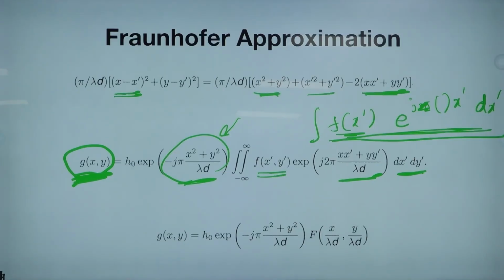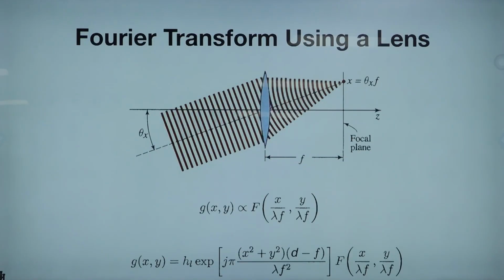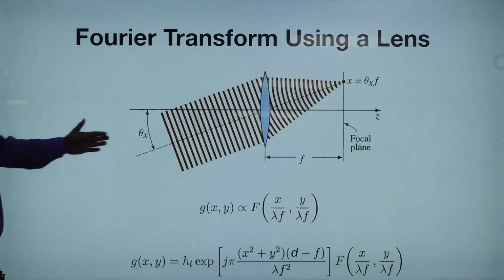So g of x comma y is the Fourier transform of the field. There are some proportionality constants, lambda times d, but take the field f of x comma y, take the Fourier transform of that, that is capital F of nu x comma nu y. If you substitute nu x equal to x by lambda d and nu y equal to y by lambda d, and there is some phase factor here, you will get g of x, y.